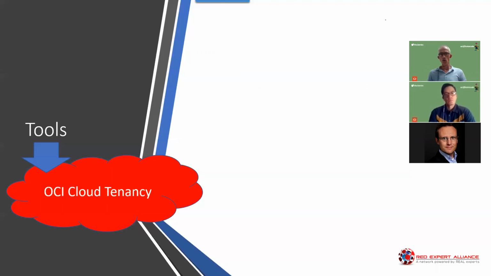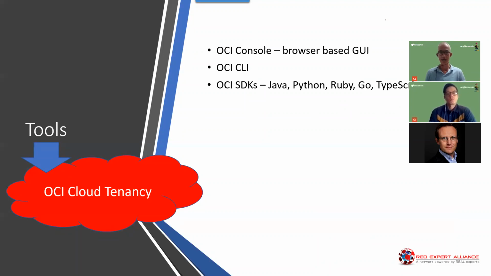There are many tools that we can use to interact with the Oracle Cloud Infrastructure environment, with your cloud tenancy. There's the browser-based GUI, the console. That's easiest to use, but not easy to automate. It's something you will probably use frequently, but you will also be using other tools, such as the Oracle Cloud Infrastructure command line interface, which we will be using throughout the labs.